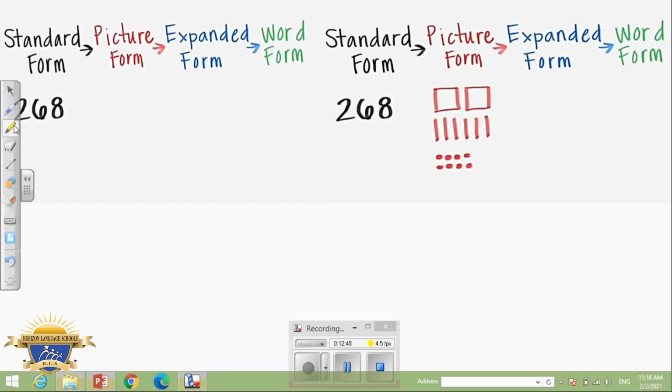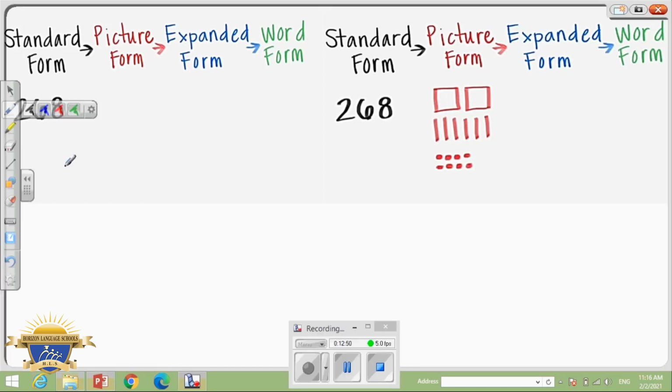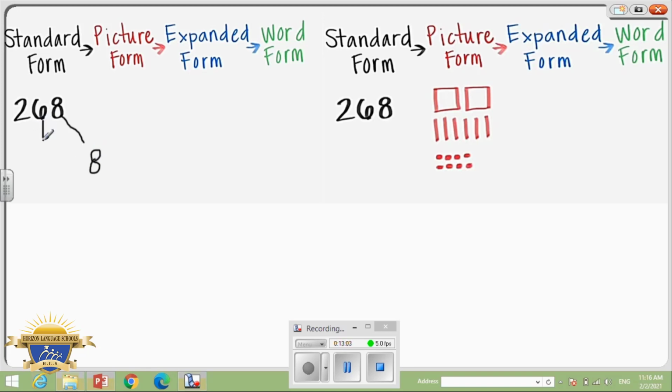Okay, the expanded form, we will write the value of each digit. We have here 8 in the ones place, so the value of 8 is 8, the same number. We have the 6 in the tens place, so the value of 6 in tens is the number and 1, 0, so it's 60.